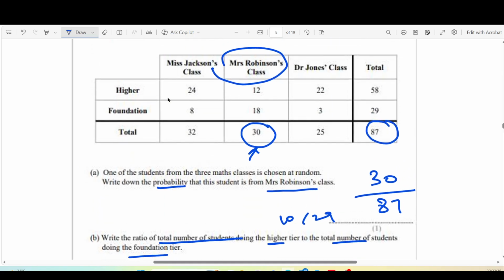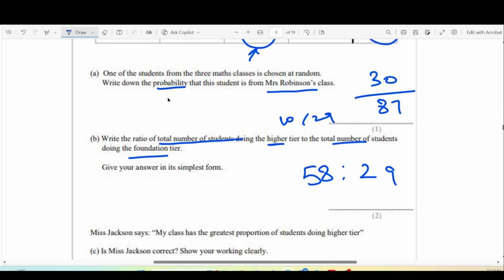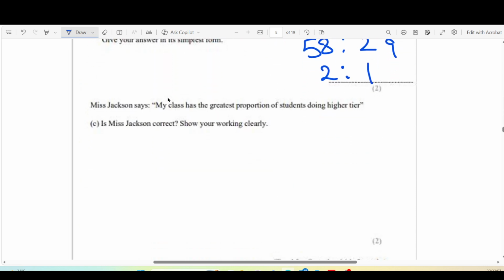So higher students are 58 and foundation are 29. If we take the ratio 58 to 29 and divide them, you will get 2 to 1, because 58 divided by 29 is 2.